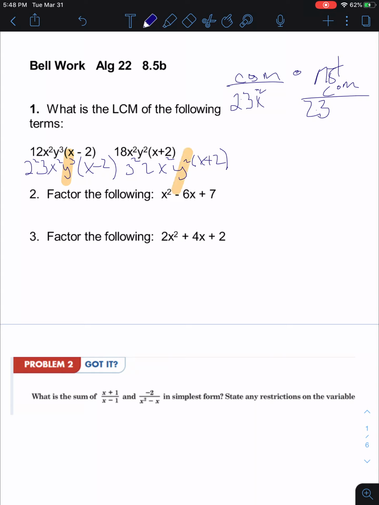So we would have 2 y's in common and 1 y not in common. If we then went to the binomials, x minus 2 and x plus 2 are both in the not commons.